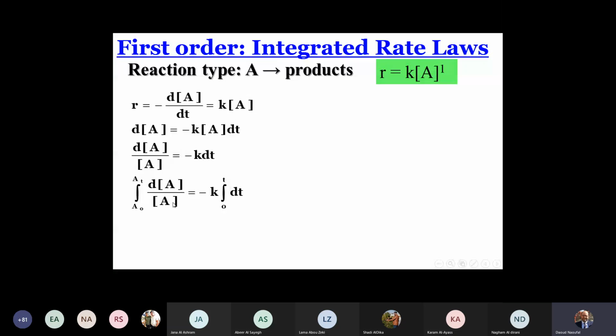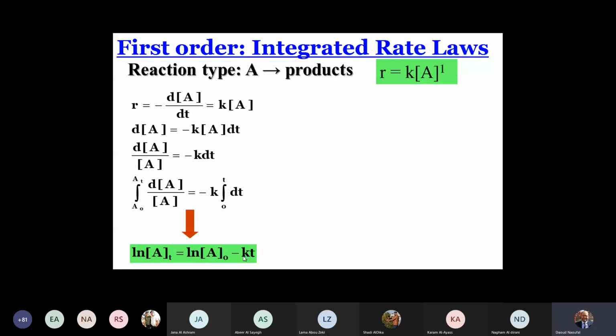The integral of dA divided by A is ln A, so we obtain ln At minus ln A0 equals minus kt, or ln At equals ln A0 minus kt.